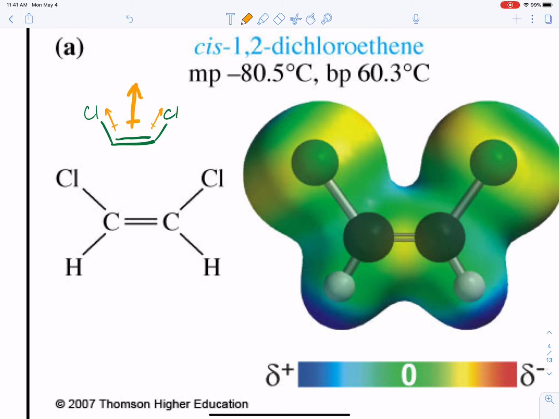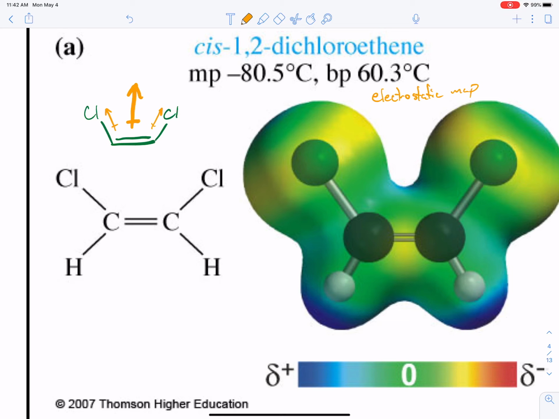Kind of averages, kind of pulls things along. So this is a polar molecule. Interesting stuff. So you can start to see this drawing on the far right. This drawing is what's called an electrostatic map.